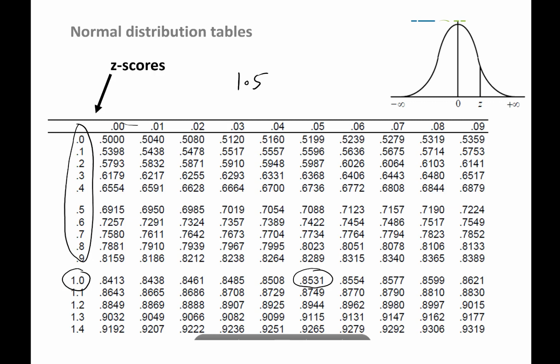Now, just to try and explain what that means, say this was 1.5, what that figure 0.8531 would suggest is that 85.31% of the population lie to the left of that value.